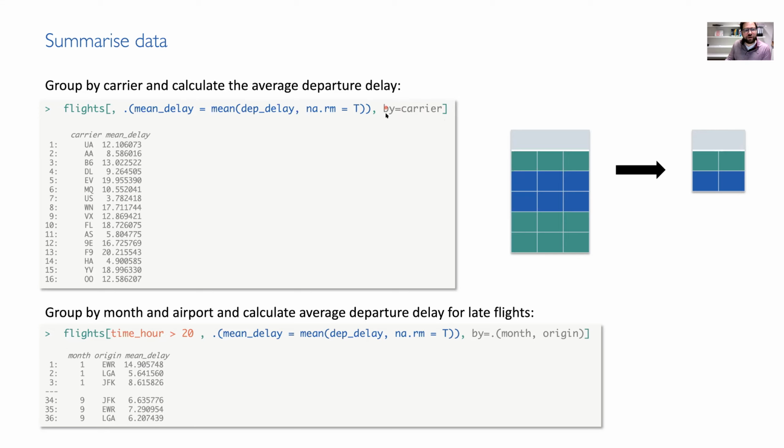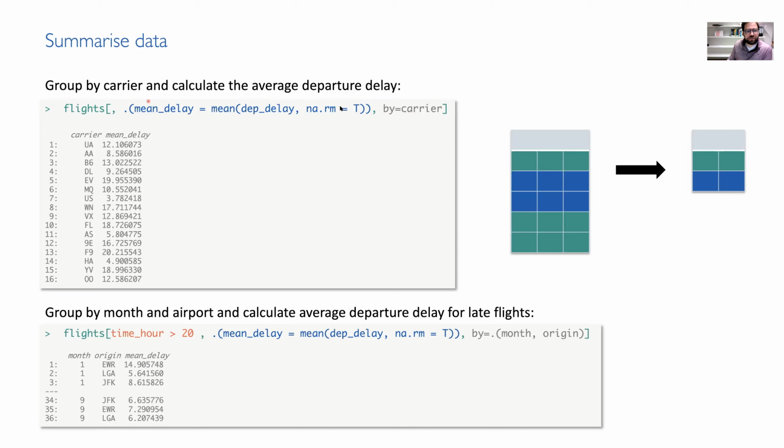And for each carrier, we then calculate the average delay using the mean function. We take the mean of the departure delay, and this third argument just tells us that we should remove NA, so not a number, for example where the proper measurement was not taken and this information is missing. Now we just ignore this. So for every carrier, we take all flights and calculate the average delay time.